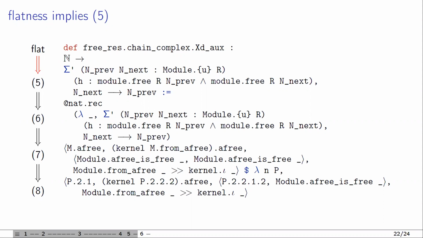So this p.2.1 is actually the old next module, and this p.2.2.2 is the old map. So you take the kernel of the old map, then you take the associated free module. Then the new map is just the canonical map composed with the embedding of the kernel.